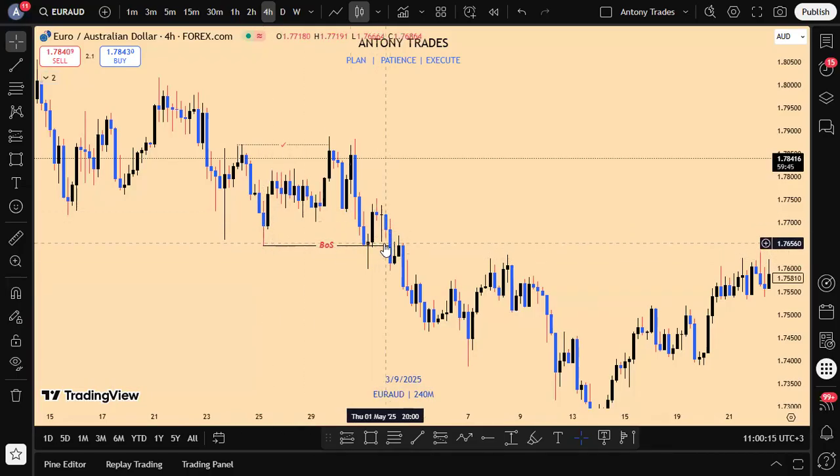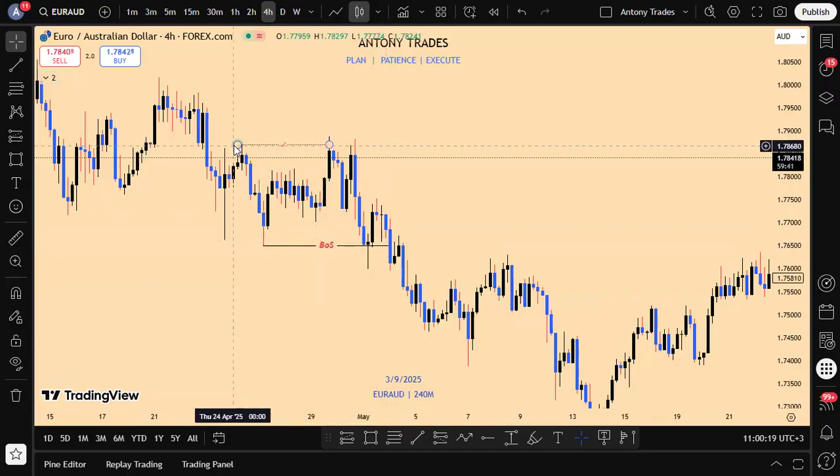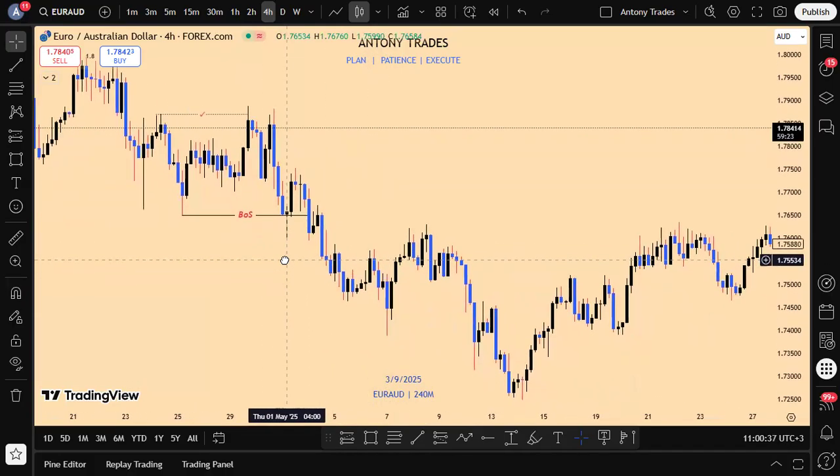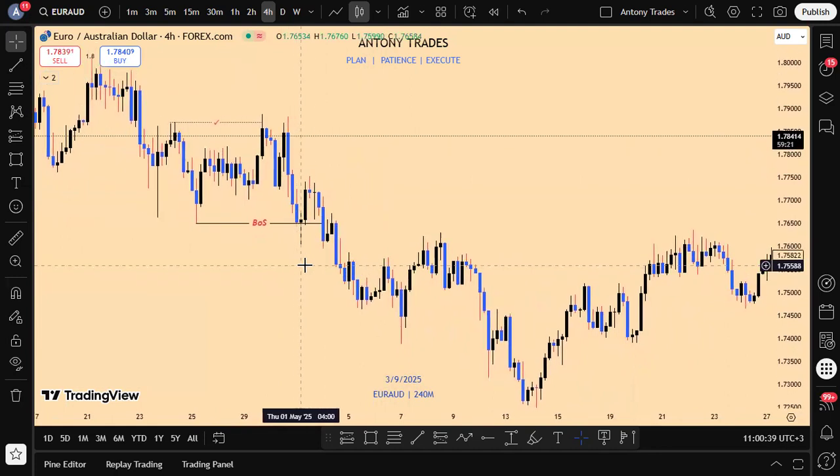So now this becomes a break of structure. And this break of structure is valid since it had swept liquidity. You see, there was a sweep of the low first. The market swept the low before going to sweep the high, then pushed to the downside and broke the structure. So now this becomes a valid break of structure. I hope we are together up to that point.